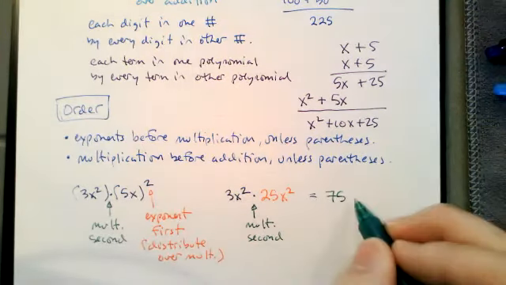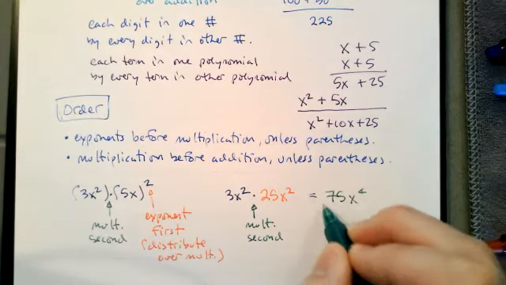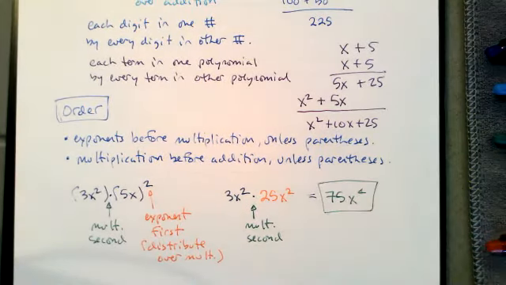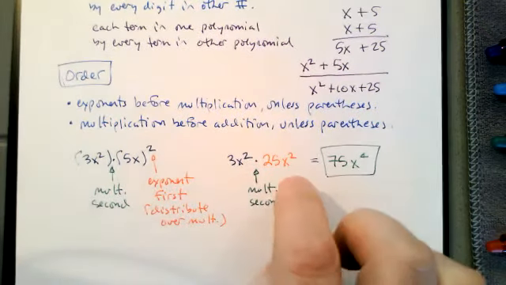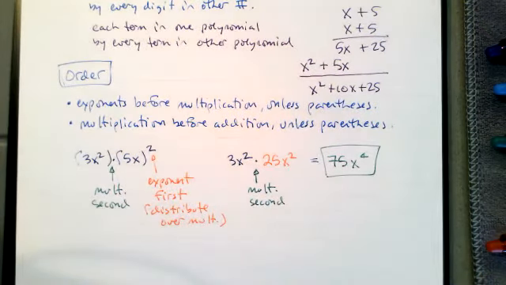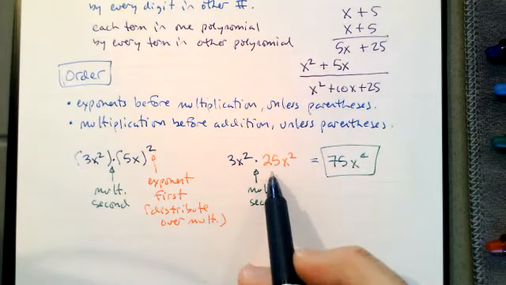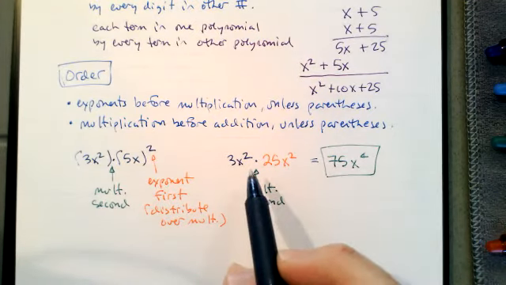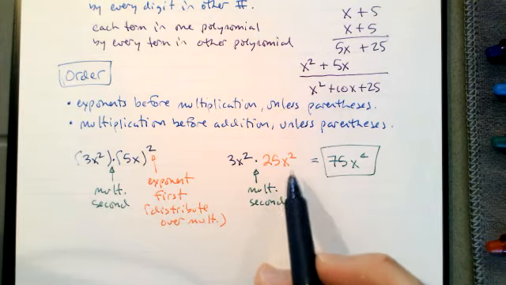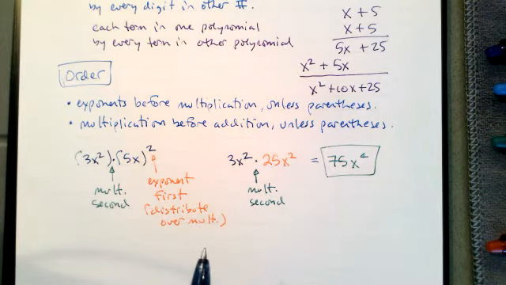X squared times x squared is x to the fourth, because there are 4 x's that we're all multiplying together. The last thing I have to say about this operation is that we multiply the things that we can. So 3 times 25 is 75, and then I just pick out the x's to multiply, the x squared and the x squared, to get x to the fourth.